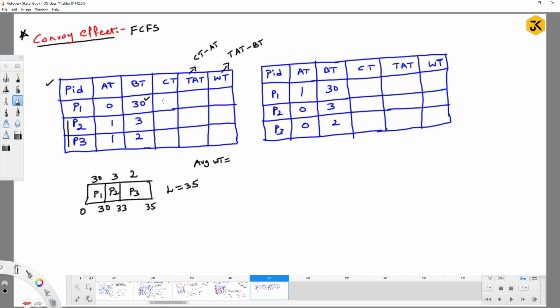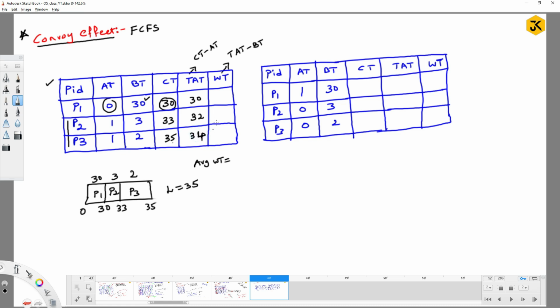So what is the completion time of process P1? That is 30. Process P2, 33. Process P3, 35. Turnaround time means completion time minus arrival time. That is 30. Completion time 33 minus 1, 32. 35 minus 1, 34.